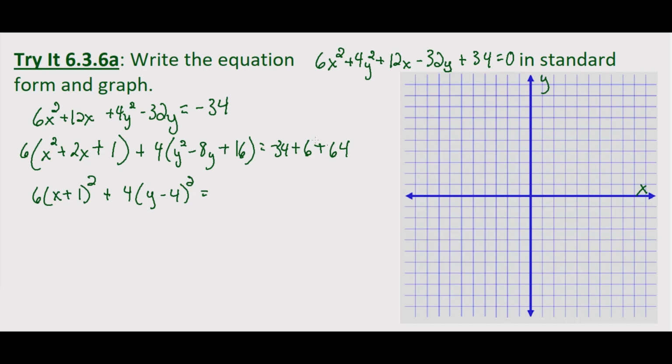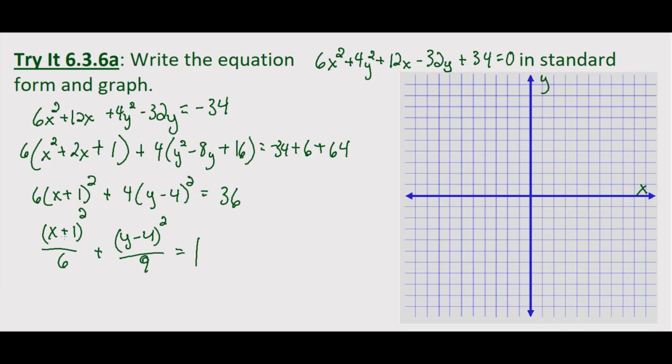That's the same thing as 70 minus 34, which is 36. And last but not least, we divide everything by 36, and we end up with x plus 1 squared divided by 6 plus y minus 4 squared divided by 9 equals 1.